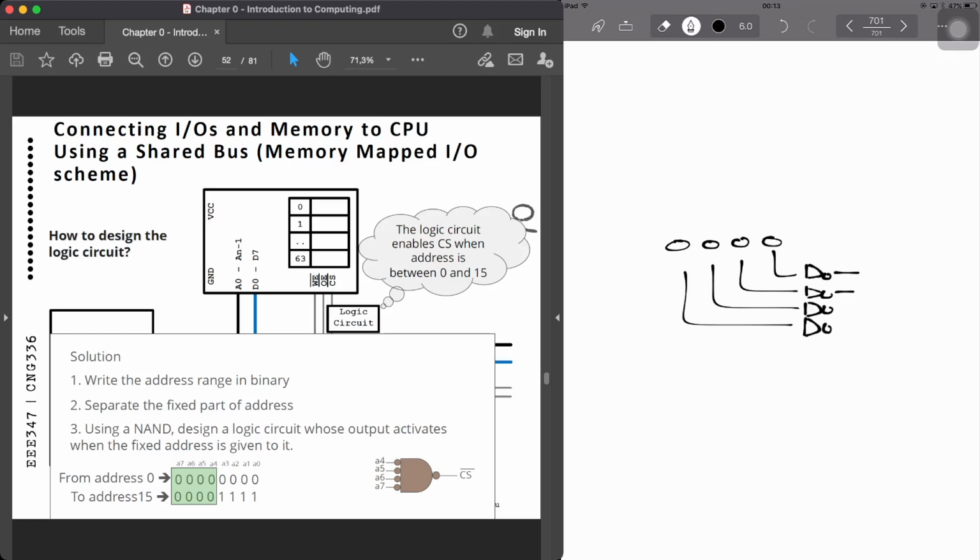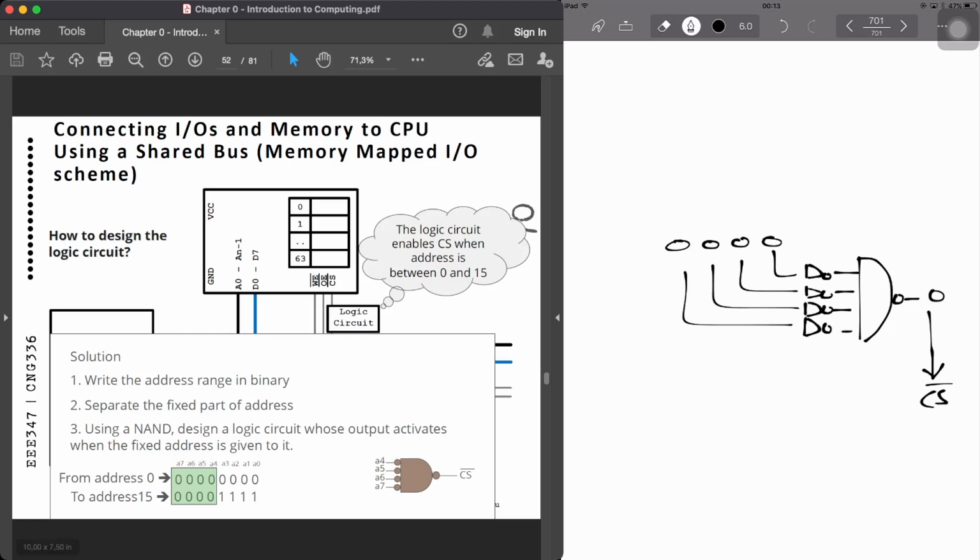When they feed into the NAND gate, the output becomes 0, which is fed into the active low chip select. This is what we need to do.